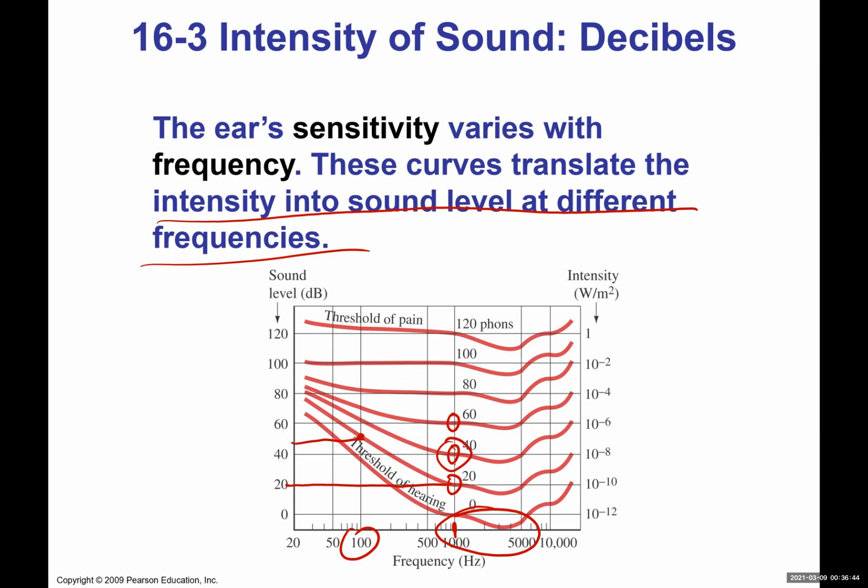Or for example, here 40 dB at 1,000 hertz: in order for the same loudness to happen at 100 hertz, it should increase to about 60-something dB. So that's why it's not linear; it's kind of a logarithmic scale.